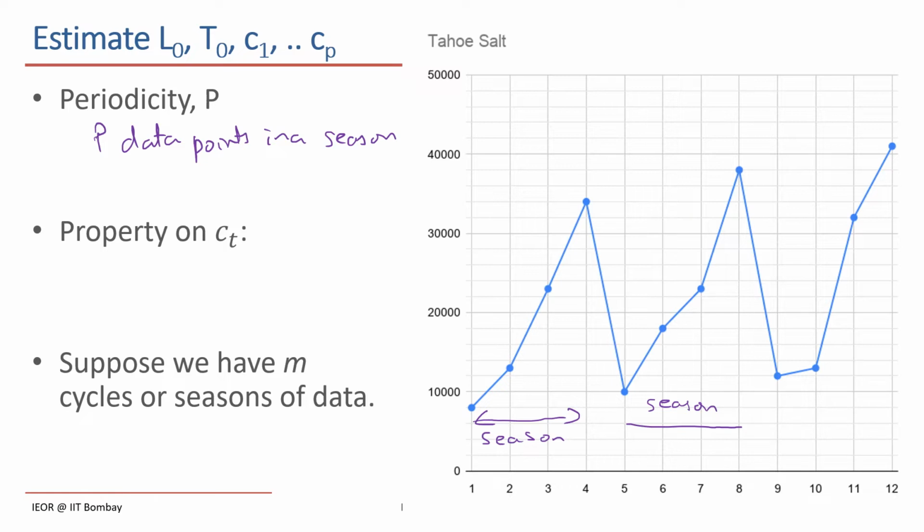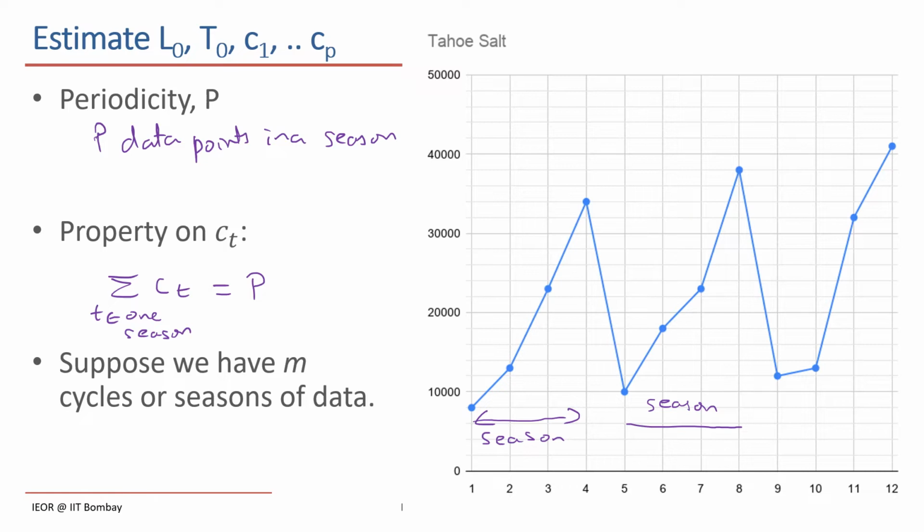Now these are just multipliers, right? The C_t's are multipliers. So we have a property saying that when you sum over all t belonging to one season, it should sum to P. This is just to ensure that the proportionalities are equally divided among all the P points within the same season. And we suppose that we have M cycles or seasons of data.